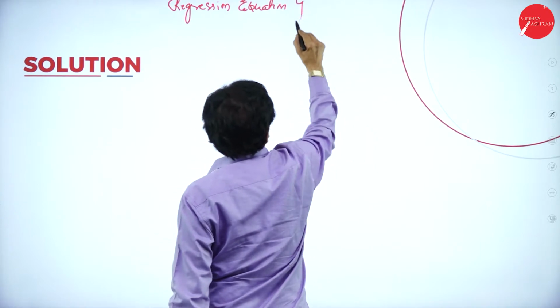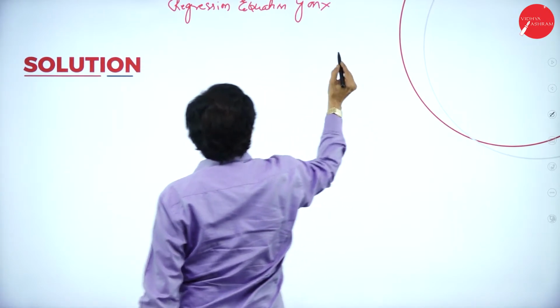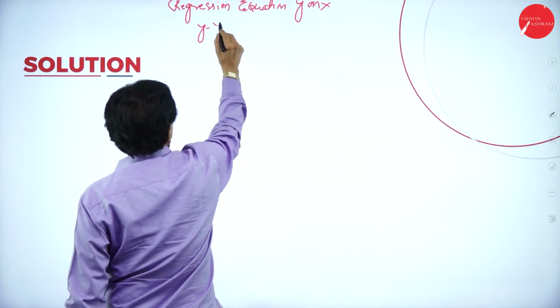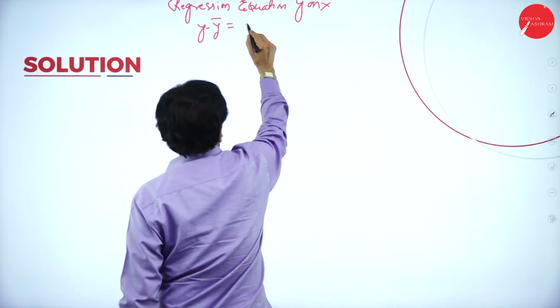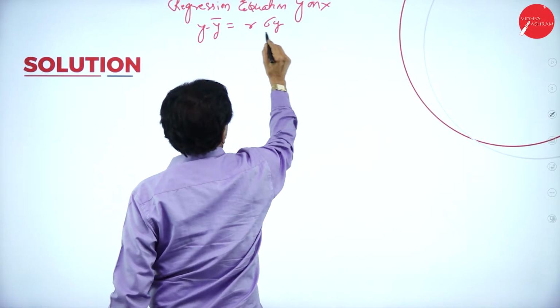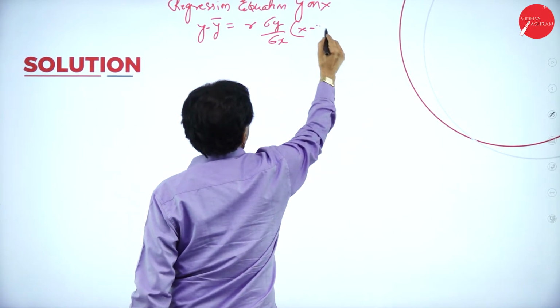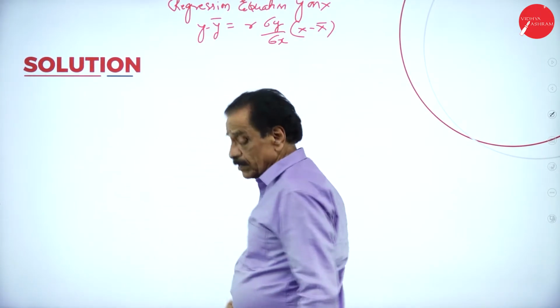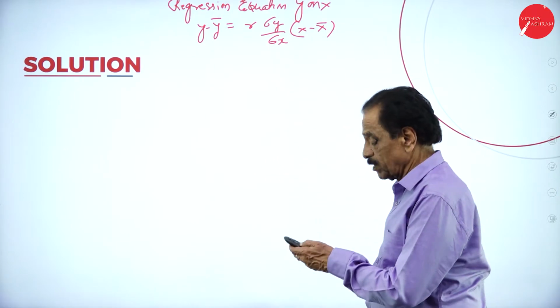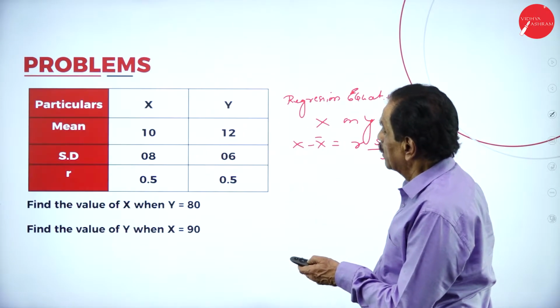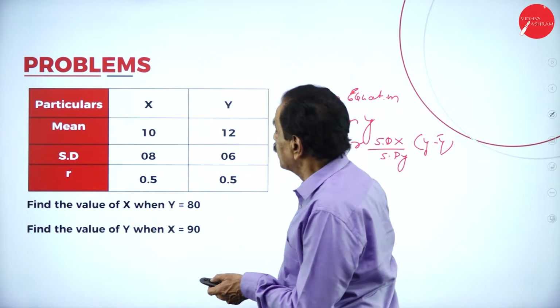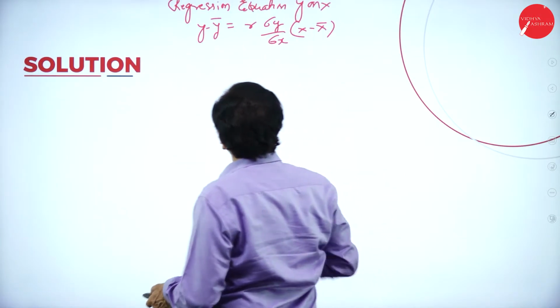Y on x: y minus y mean equals r into standard deviation y divided by standard deviation x into x minus x mean. So we'll apply slowly. Y minus y mean is 12.